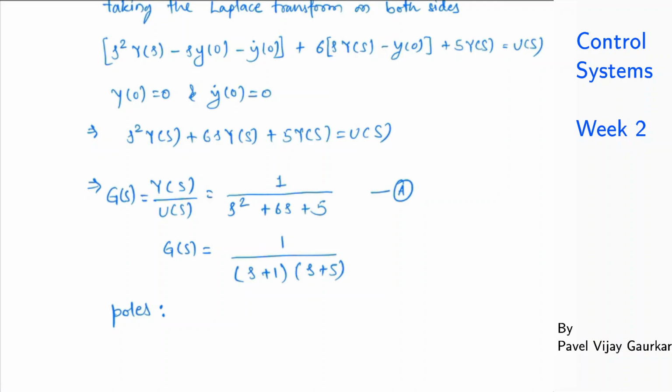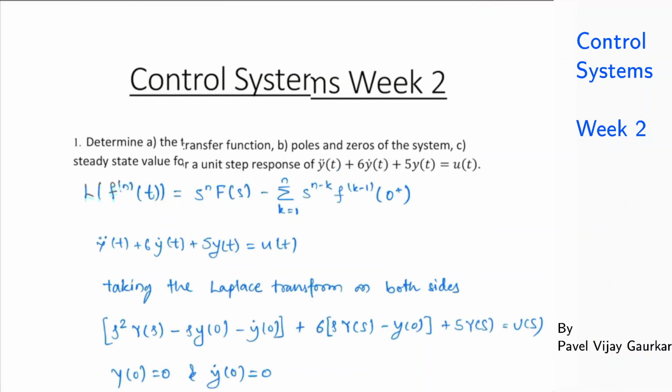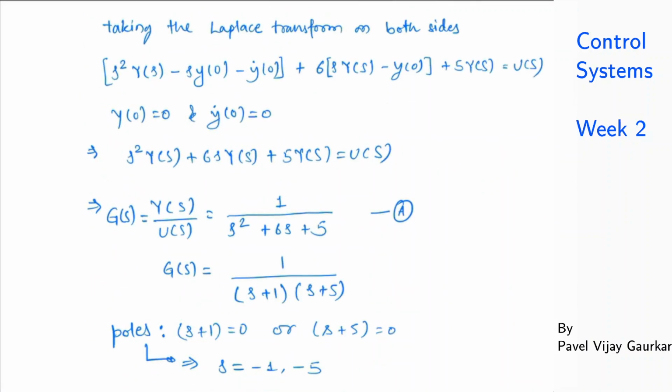So to find the poles of the transfer function here, we will take the denominator and equate it to 0. So s plus 1 would be 0 or s plus 5 would be 0. This implies the poles of the given transfer function are s equals minus 1 and minus 5. So this is the answer to part B.